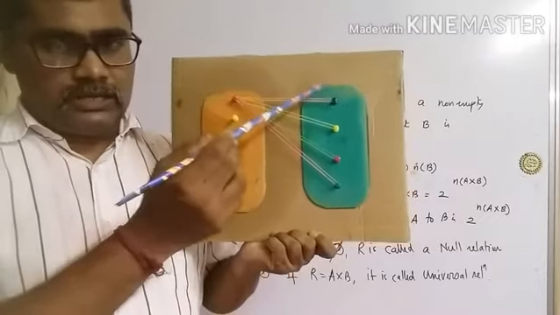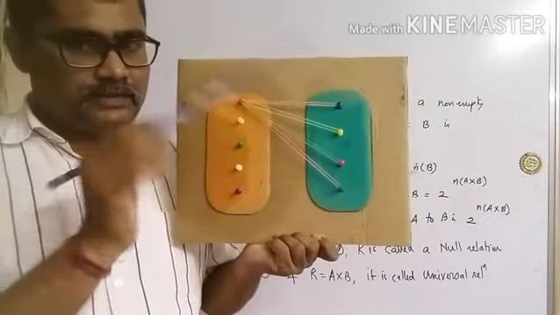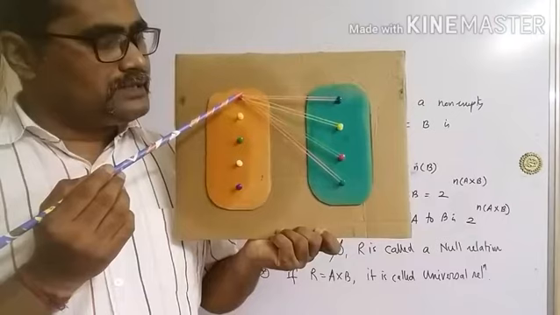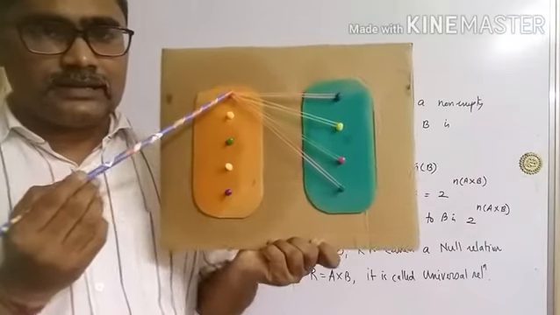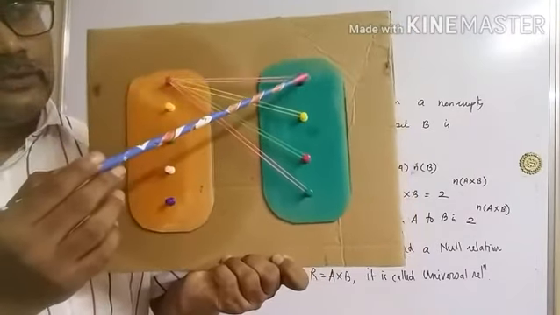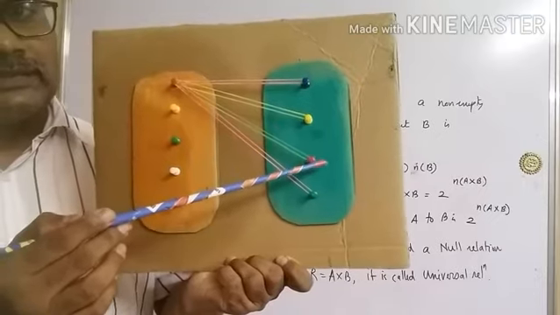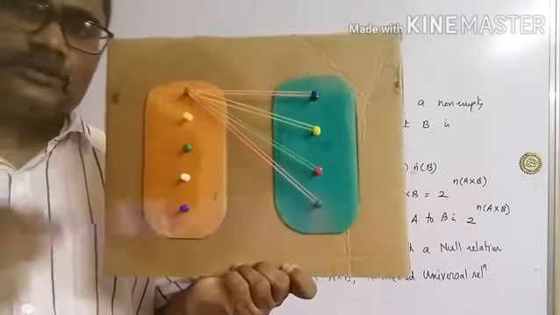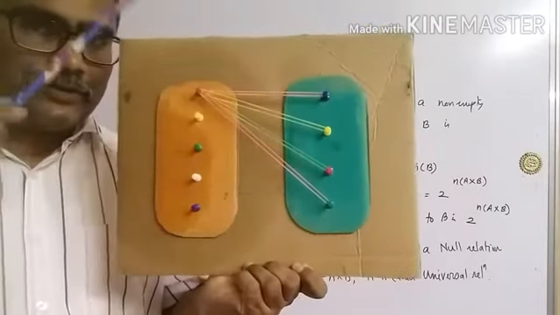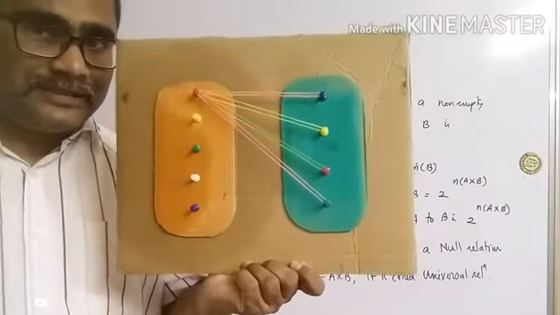A will be first, B will be second. Then with this element, the red color pin, we have to relate all the elements of the other set. We have to create ordered pairs, as in the last video.